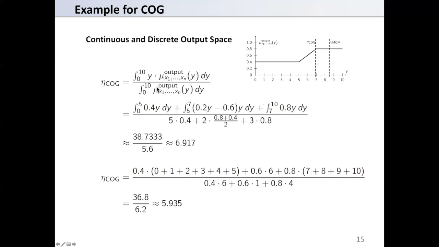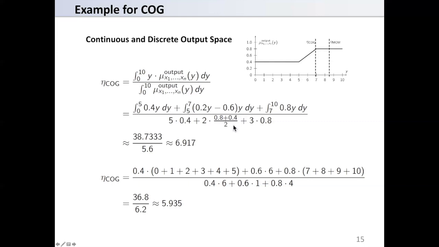And for the denominator, as the result of the integral, from 0 to 5 the length is 5, multiplied by 0.4. Here we have an area such that we have a trapezoid. So to find the area of this trapezoid, we add the value here, which is 0.8, and the value here, which is 0.4.